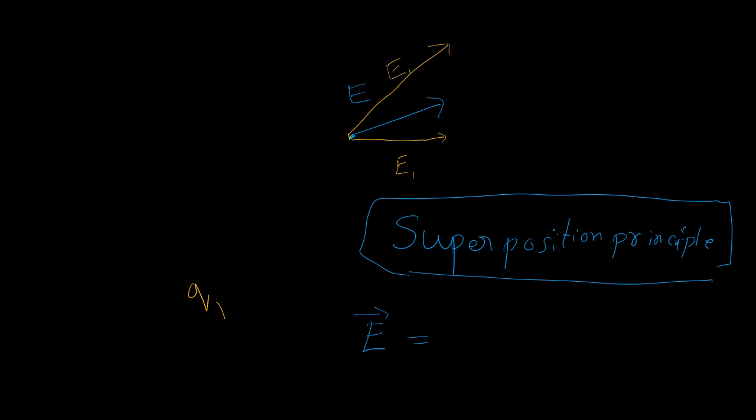This is E1, this is E2, then electric field is the net vector sum of these two fields, E1 plus E2. If many more charges are there, then you add all the electric fields due to individual charges.